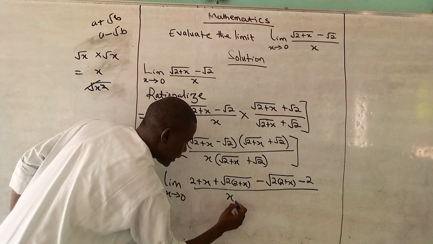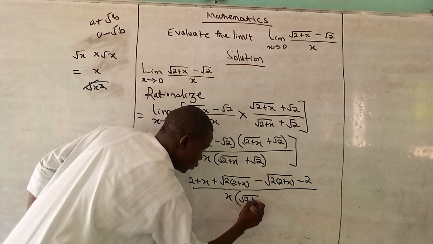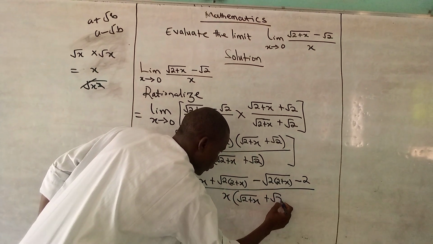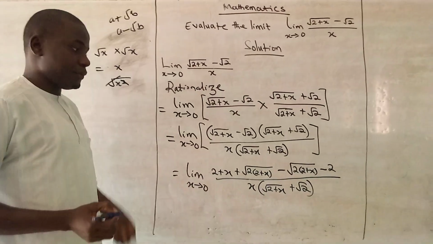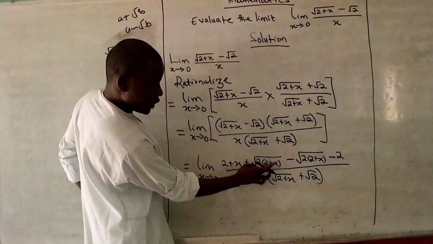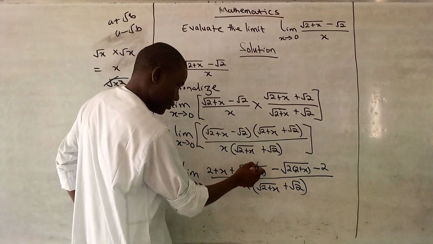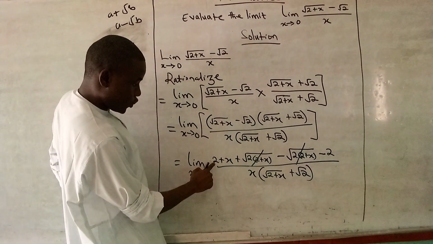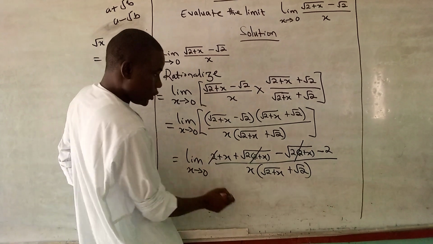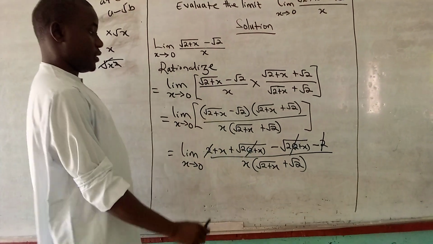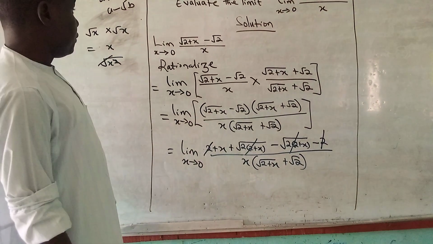We still have x times square root of 2 plus x plus square root of 2. As you can see, they are all the same, but this one is positive and this one is negative, so this will cancel this. And plus 2 minus 2 go with each other. You see? Maybe you understand.